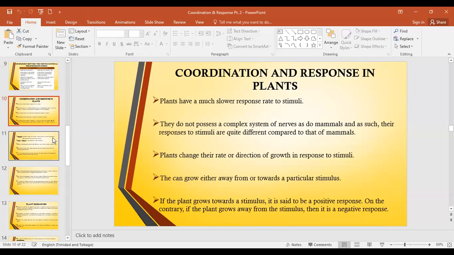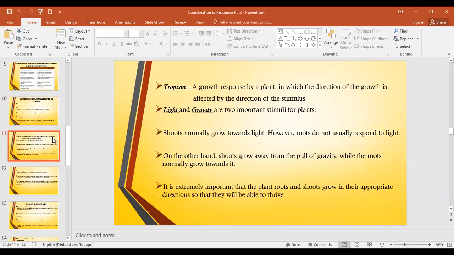But if it grows away from it, that is said to be a negative response. The stimuli that plants could react to are two things: light and gravity. The overall response by a plant to one of these stimuli is called tropism.